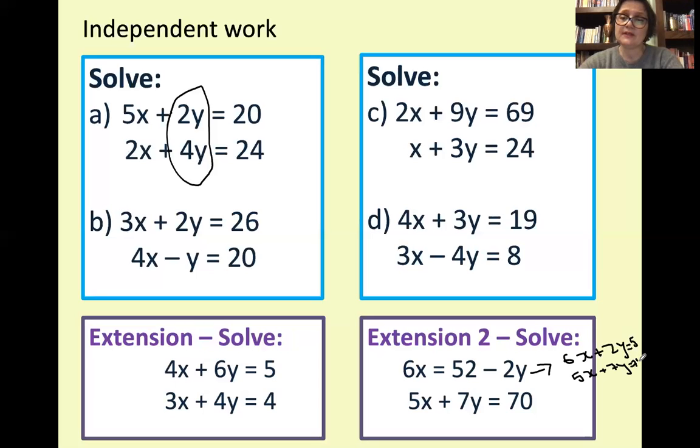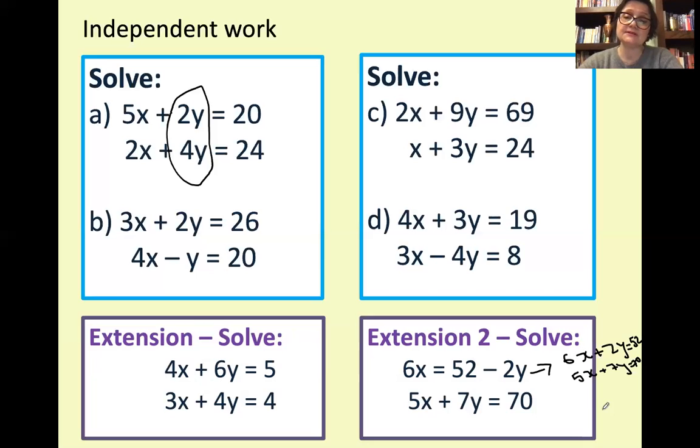So the x's should be under x's, y's under y's, to be able to do the right operation. And you have 6 and a 5, 2 and a 7. Which one do you want to change into the same number? I like to use the x's, for example, 6 and a 5.